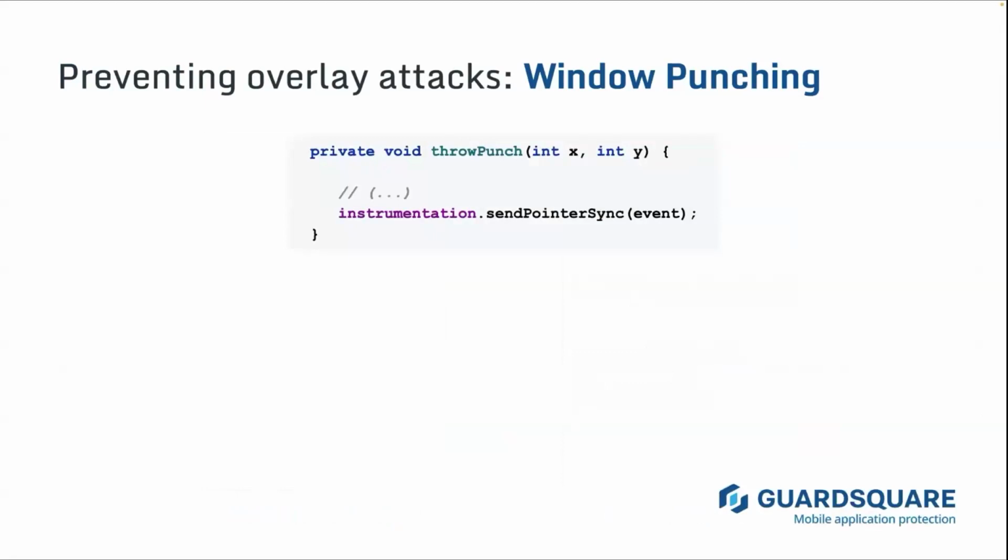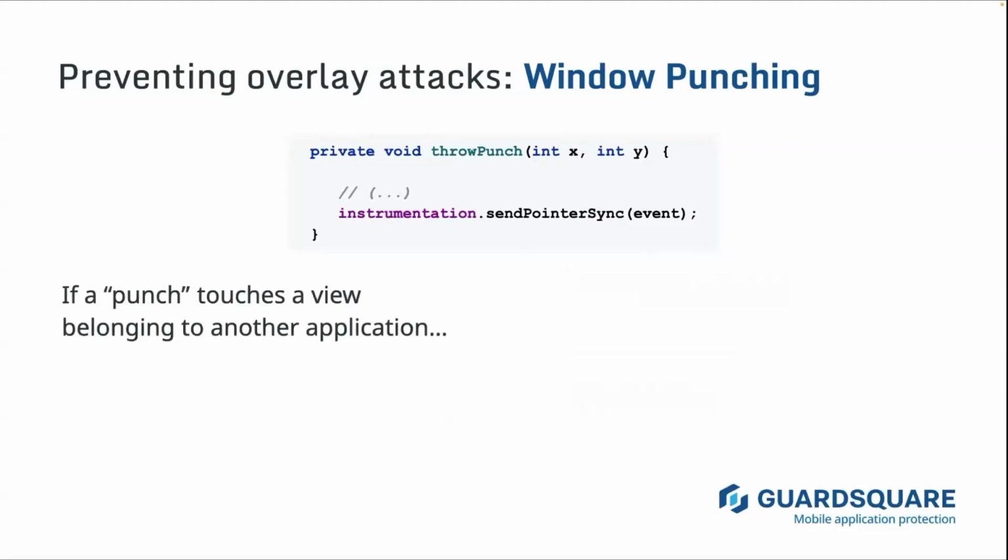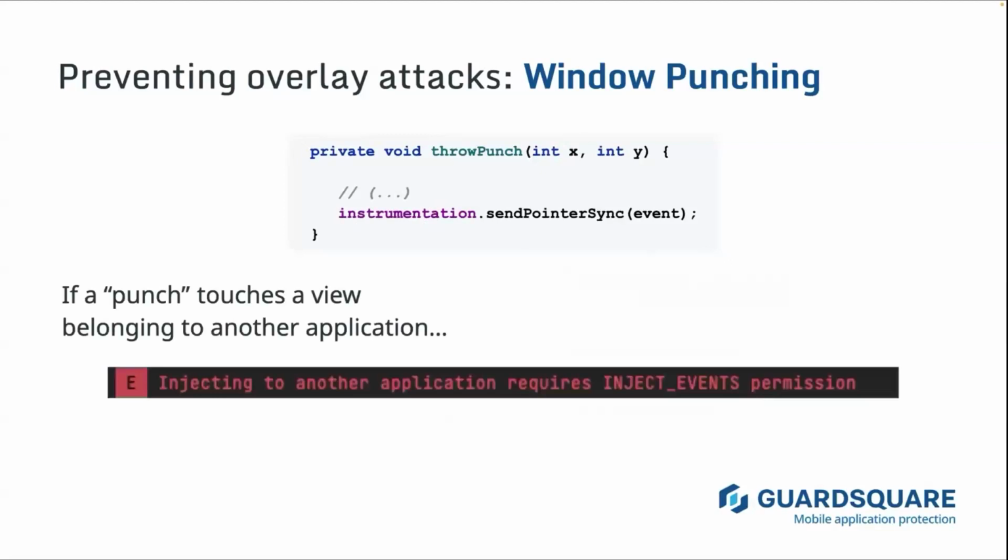The X location ideally will be random. So X and Y coordinates will be randomized, and we will use the instrumentation API. Okay, so if one of these touches that we are simulating, a punch, touches something that does not belong to our application, then we will get a security exception.